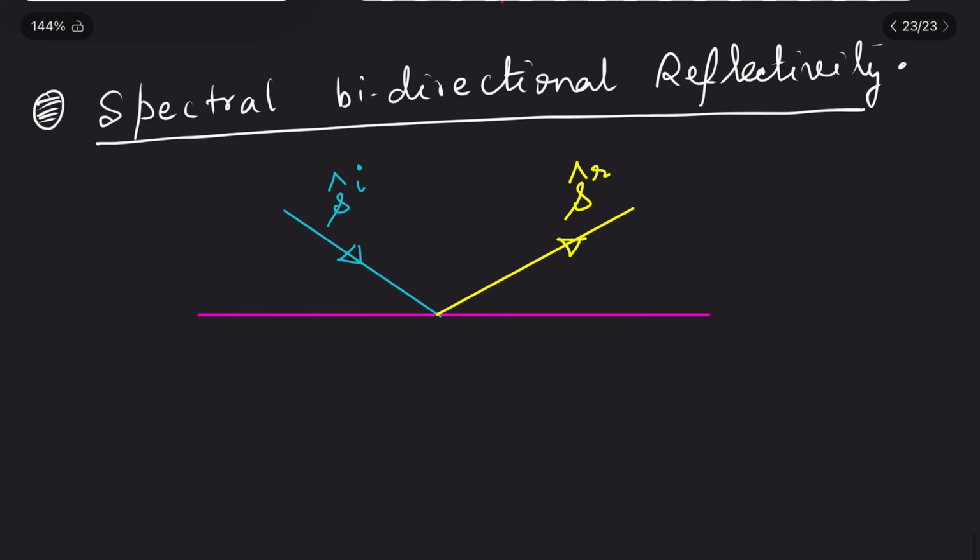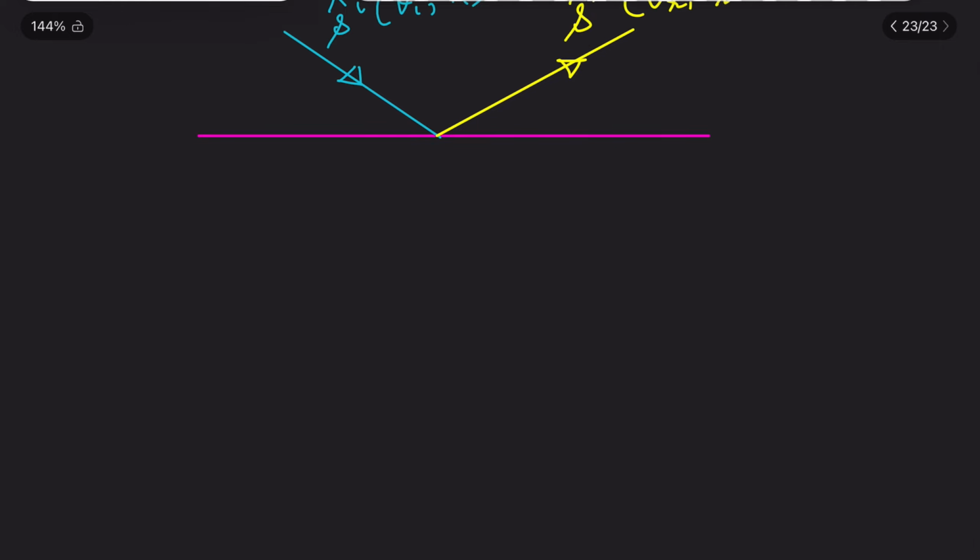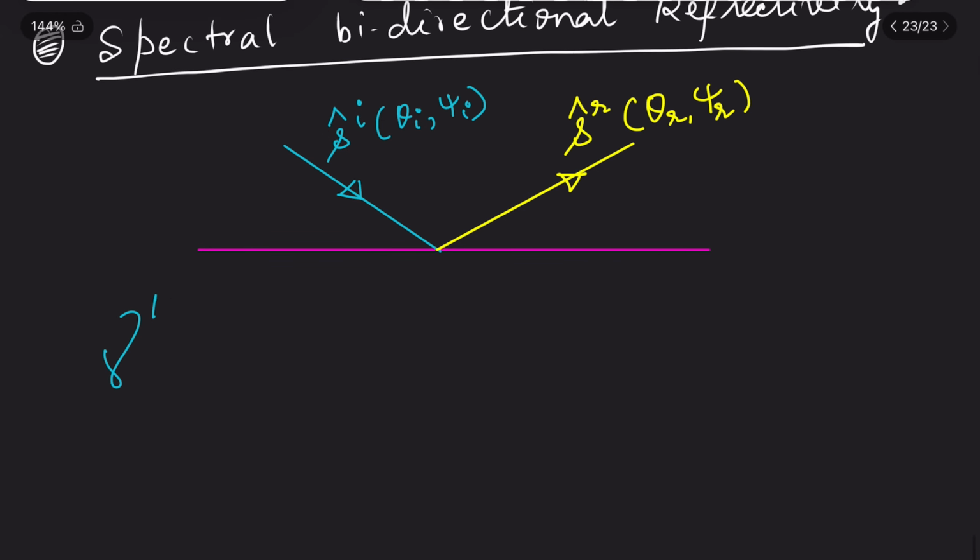So then this S cap I will be a function of theta I comma psi I, and this will be a function of theta r comma psi r. Okay, so my reflectivity is dependent on both these directions. One is this, another is this, right? Therefore my reflectivity gamma, it is bidirectional, so I will put 2 dash here. It is spectral, so I have to put lambda here.